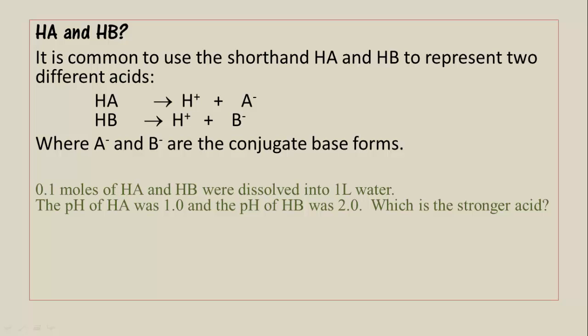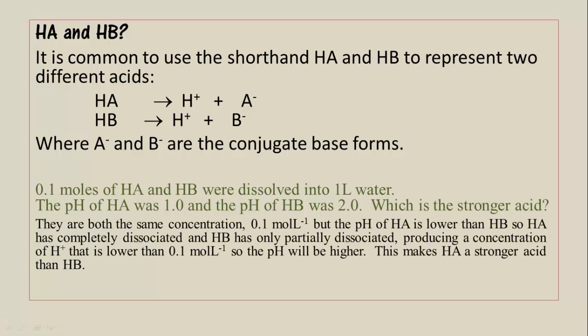Here is a sample answer for you to consider. They are both the same concentration, 0.1 molar, but the pH of HA was lower than the pH of HB, so HA has completely dissociated and HB has only partly dissociated, producing a concentration of hydrogen ions that is lower than 0.1. Therefore, the pH will be higher.